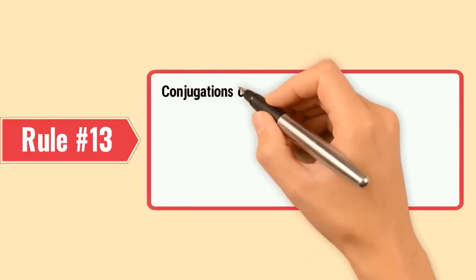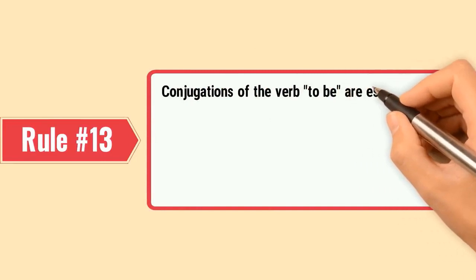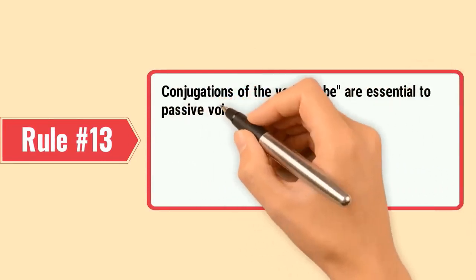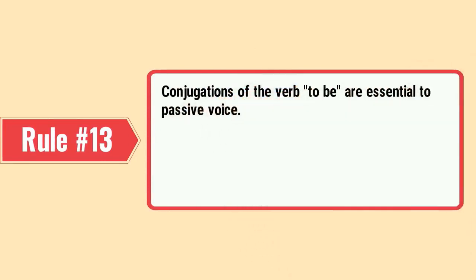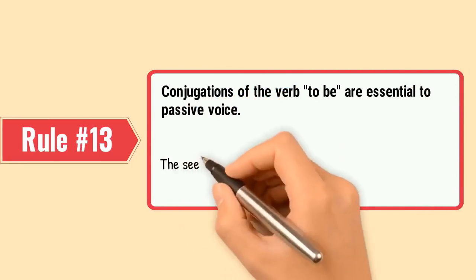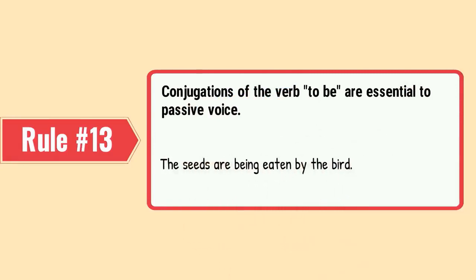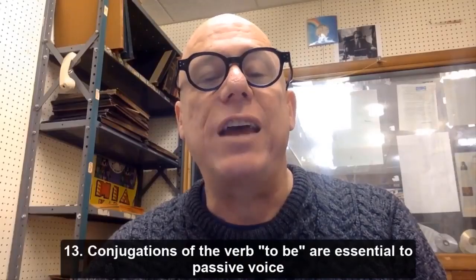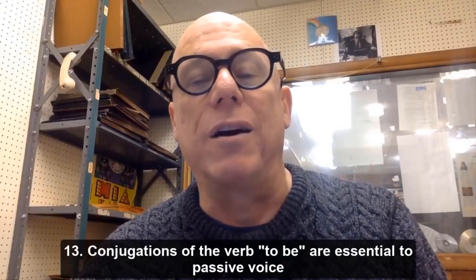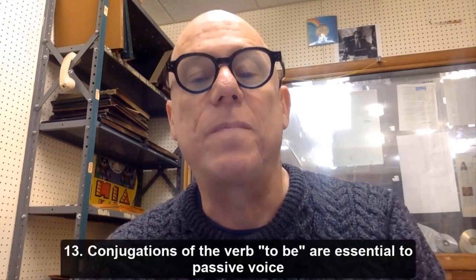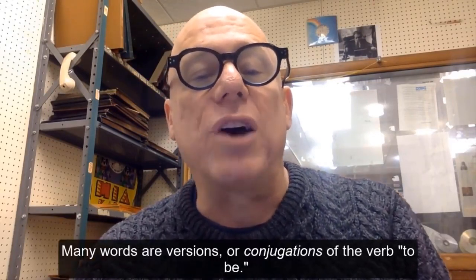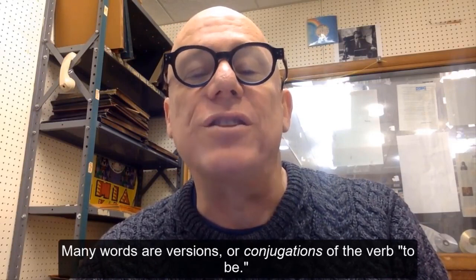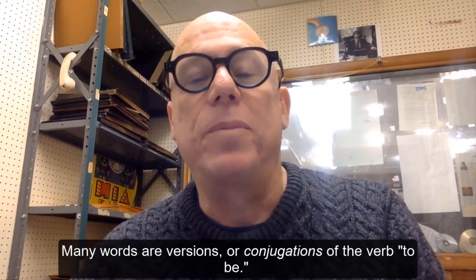Rule number 13. Conjugations of the verb to be are essential to passive voice. The seeds are being eaten by the bird. Many words are versions or conjugations of the verb to be.